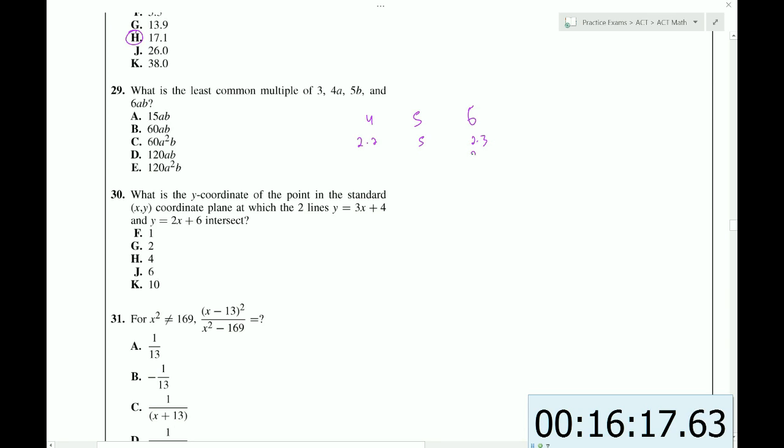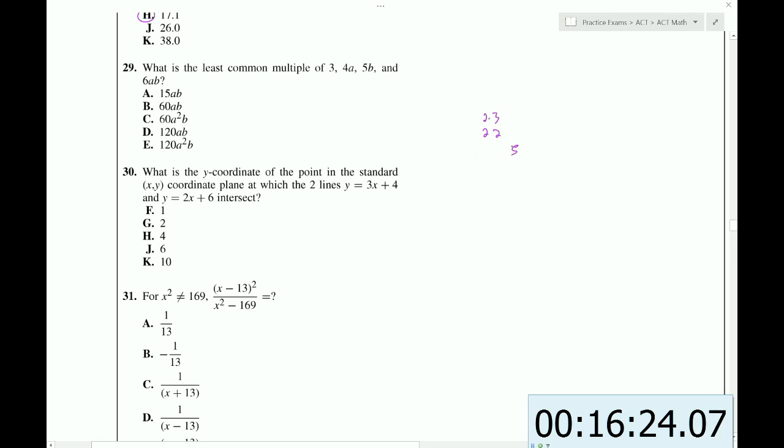So if we stack them, alright, we end up with this. So then we want to take the highest amount of 2's, highest amount of 3's. So this is like 2 to the second, alright? So highest amount of 2's is 2 copies, highest amount of 3's is 1 copy, highest amount of 5 is 1 copy. So this is 4 times 3 is 12 times 5 is 60. So we know the number part is 60. And then the letter part is just going to be AB.